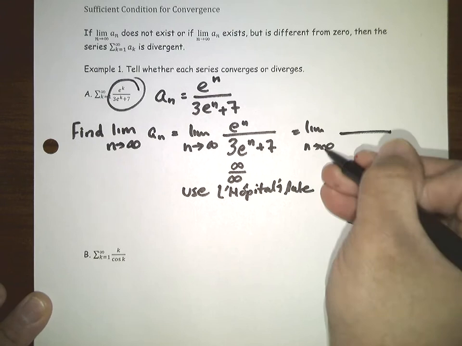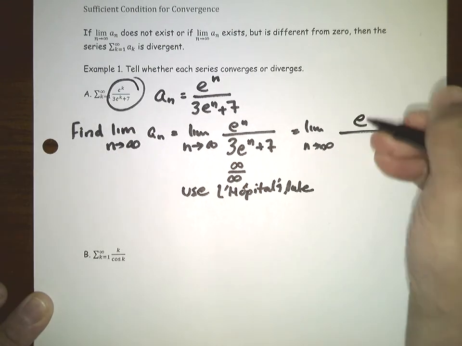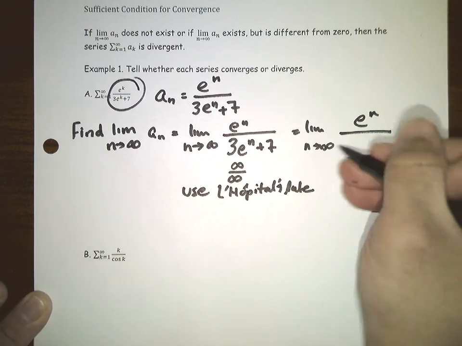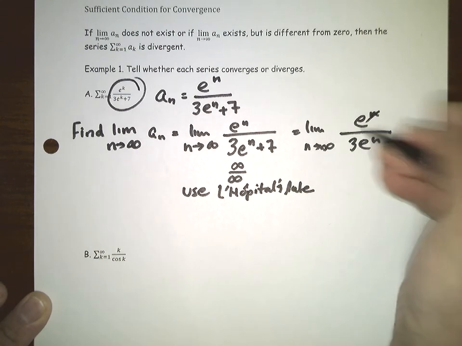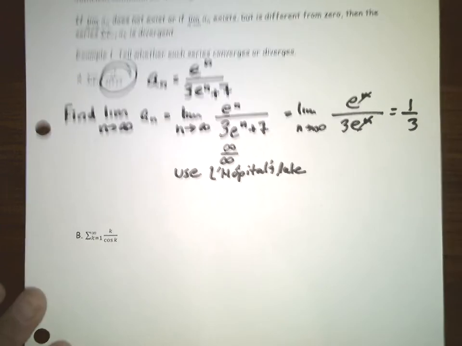So now the derivative of e^n, over the derivative of 3e^n plus 7, which is 3e^n. The e^n's divide out, so I have 1 over 3.